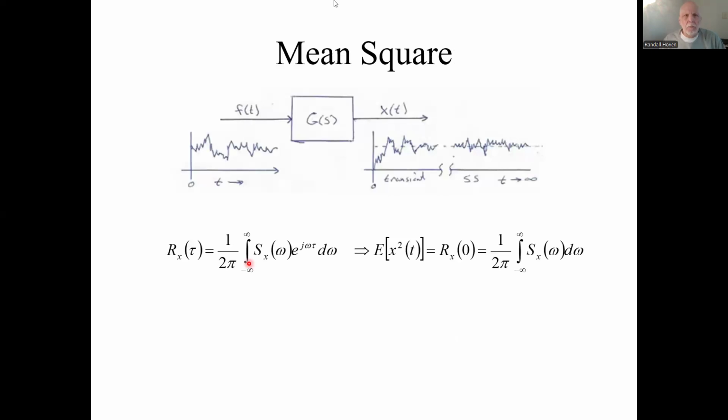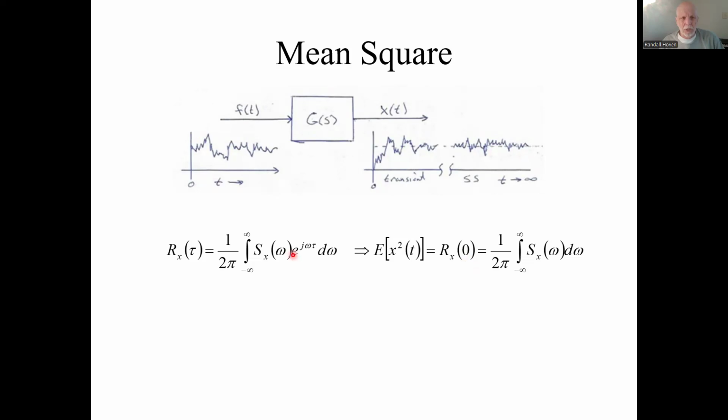And one last thing, the mean square. Well, the autocorrelation function is the inverse Fourier transform of the power spectral density. And remember that the mean square is just the autocorrelation function evaluated at 0, argument 0.